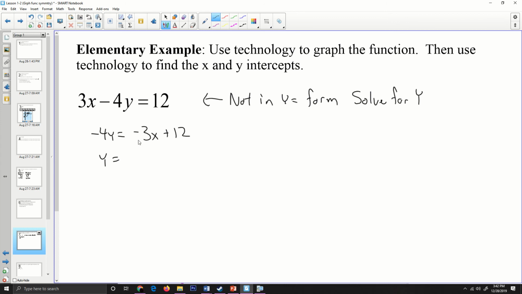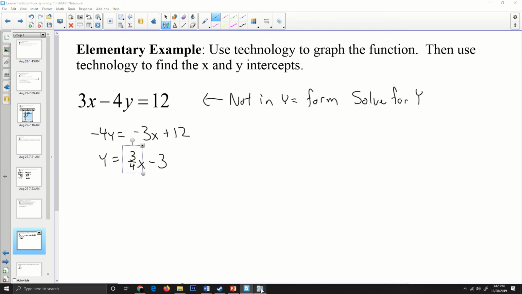So y equals, and then if I go negative 3 divided by negative 4, negative divided by negative is going to be a positive. And then 3 over 4 doesn't go evenly, so I'm just going to make it 3/4 x. And then negative 4 divided into 12 will give me negative 3. And so now this is my particular function.